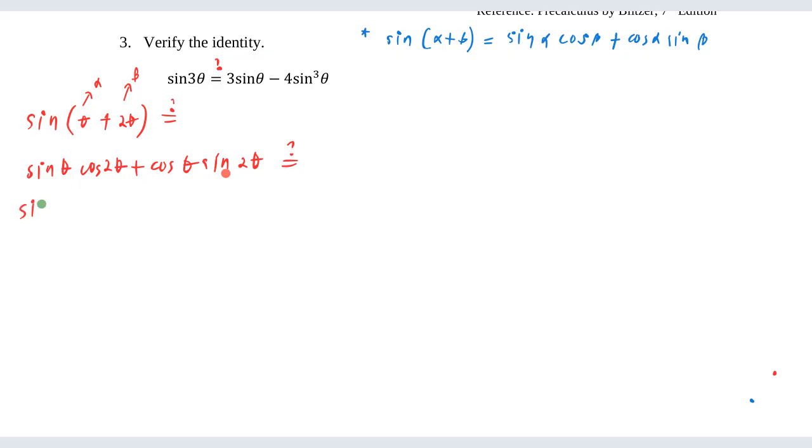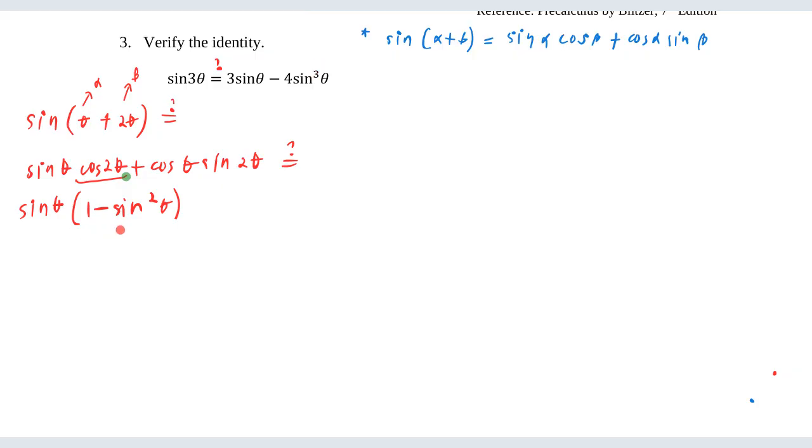So I will have sine theta. We know that we have multiple formulas for the cosine double angle. What I'm going to use here is 1 minus 2 sine squared theta. I replaced the cosine double angle with 1 minus 2 sine squared theta. Why did I use that? Because I plan to have exponent 3, so I'm looking for another sine that would increase my exponent to 3.